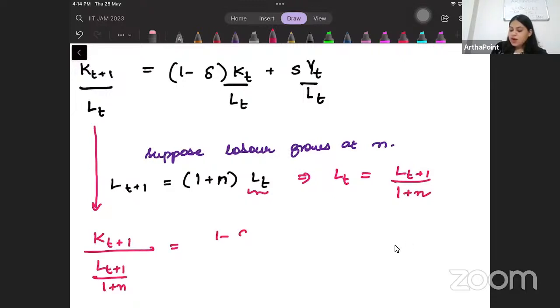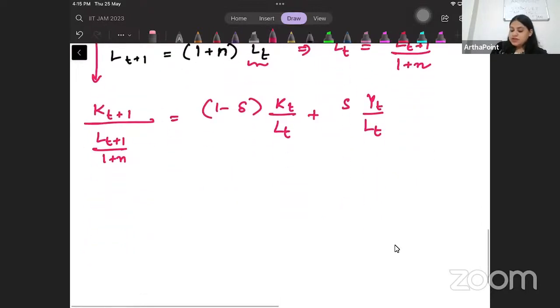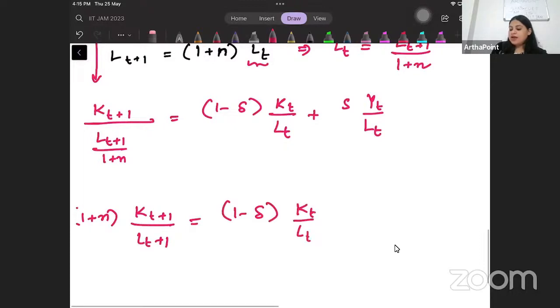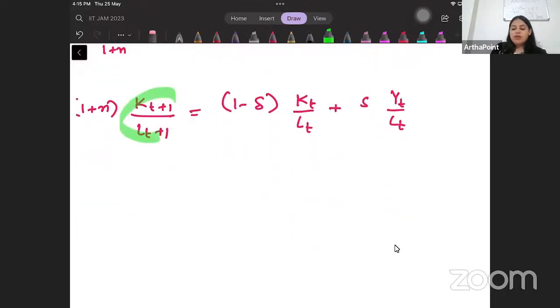This is going to be 1 minus depreciation, K_t upon L_t, plus S Y_t upon L_t. Okay beta, this is going to become 1 plus n, K_t plus 1 upon L_t plus 1 is equal to 1 minus depreciation, K_t by L_t, plus S Y_t by L_t. Now both are in the same period.